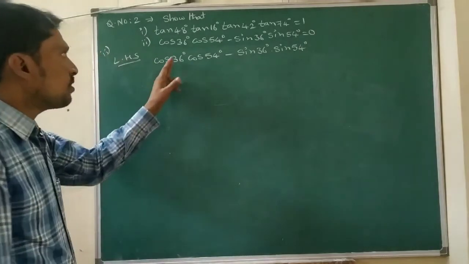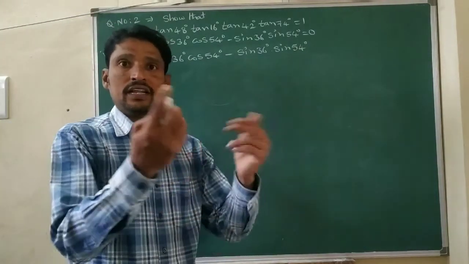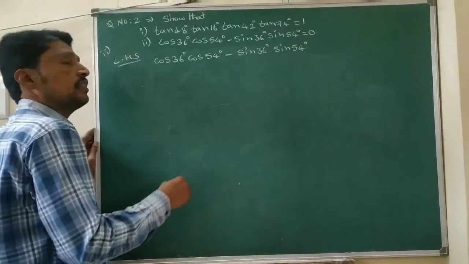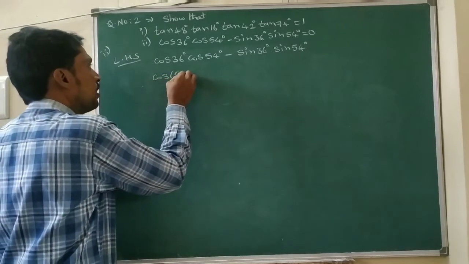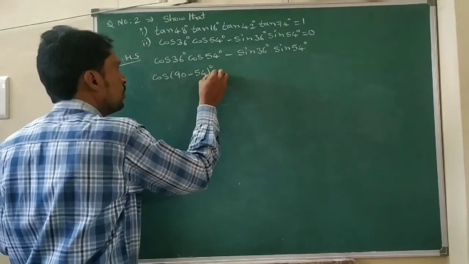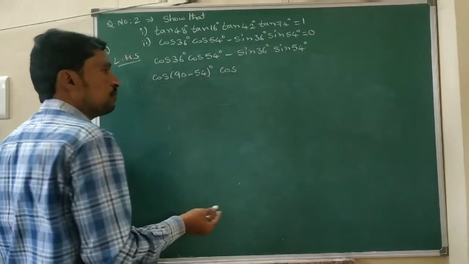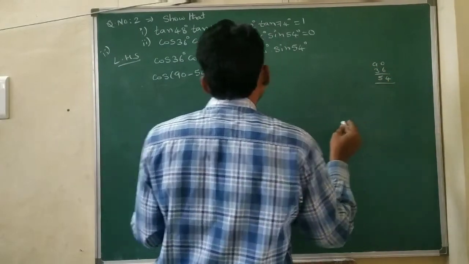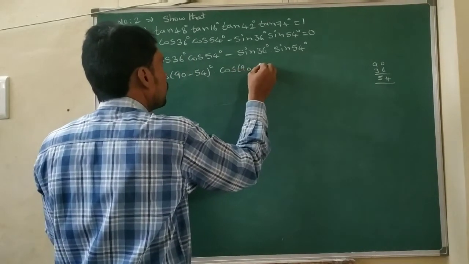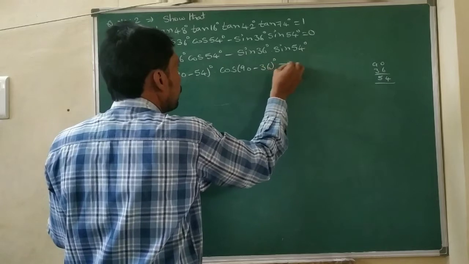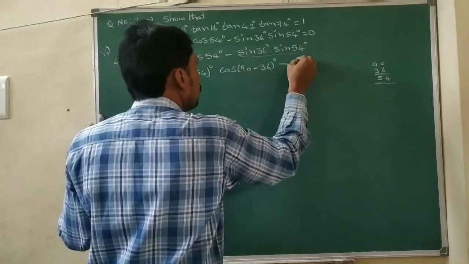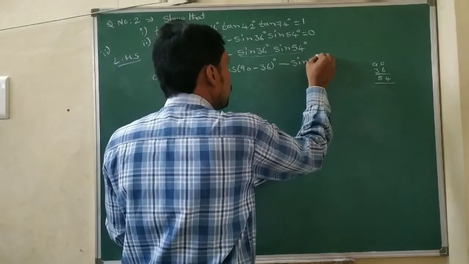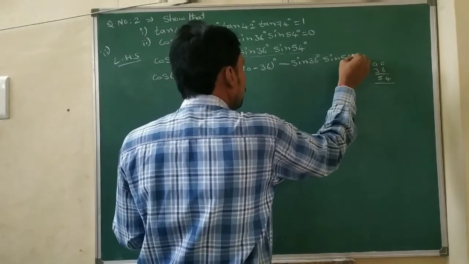Here we have to write the angles as complementary angles. 90 minus 54 is 36, so cos 90 minus 54 degrees into cos 54: 90 minus 36 is 54, so cos 90 minus 36 degrees, minus sin 36 degrees into sin 54 degrees as it is. Only one value we need to change for problems like these.